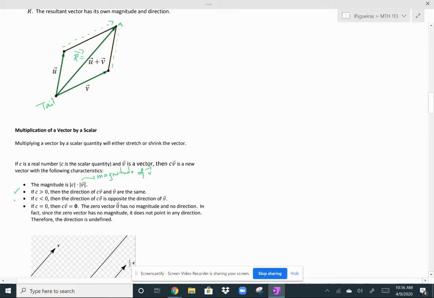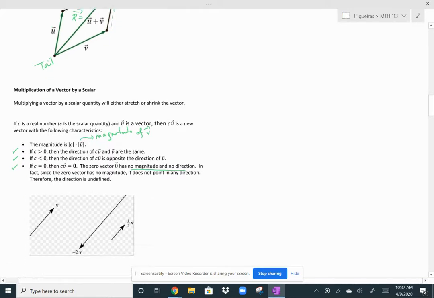If c is a negative number, then it's going to make it go into the opposite direction. It will basically flip the direction of the vector. If your scalar is 0, well, c times v is just going to give you a vector 0, which means it has no magnitude and no direction.